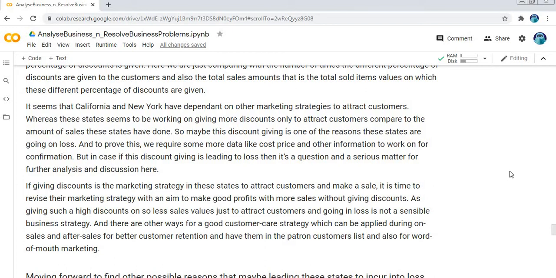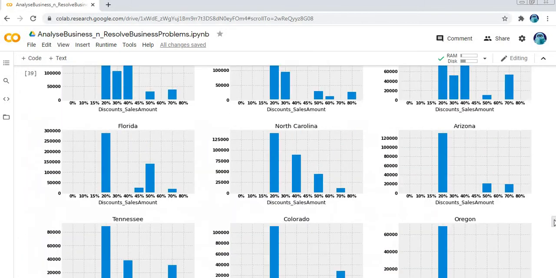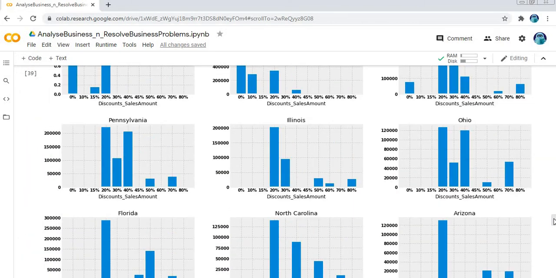So if giving discounts is a marketing strategy in these 10 states which are going into loss, to attract customers and make sales, it is time to revise the marketing strategy. We can aim to make good profit with more sales without giving discounts, as giving such a high discount on such low values.